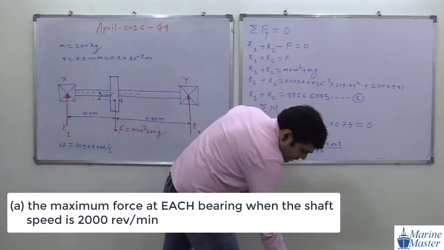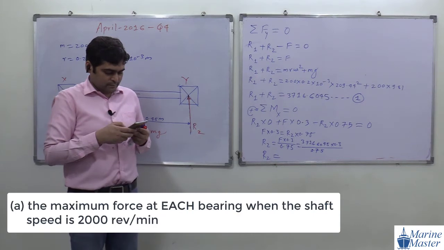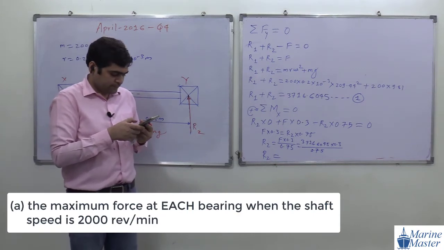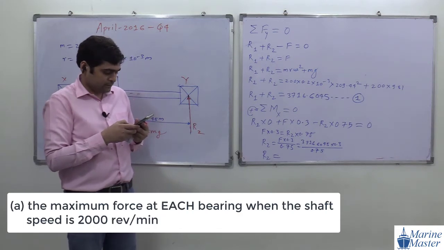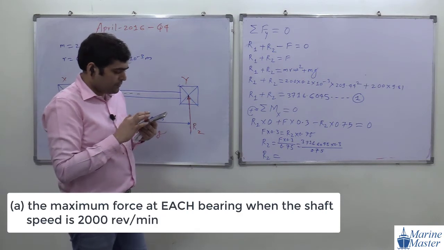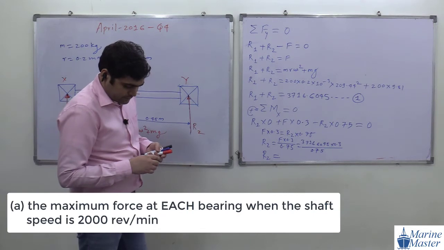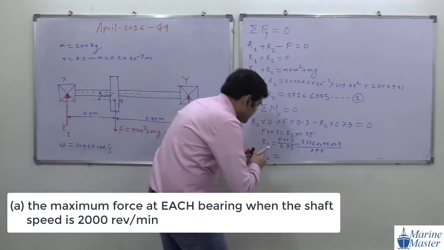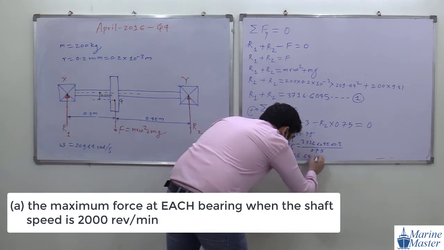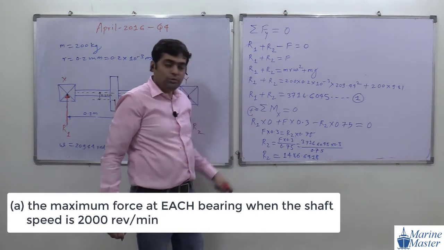And what will be the value of R2? Everyone, please do the calculation. 1486.6418.